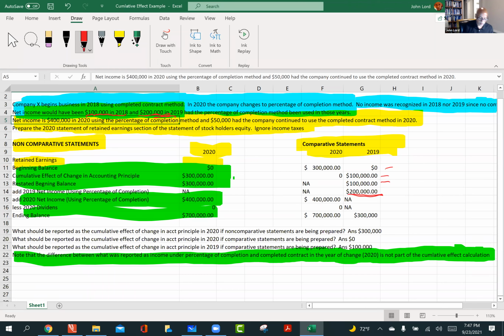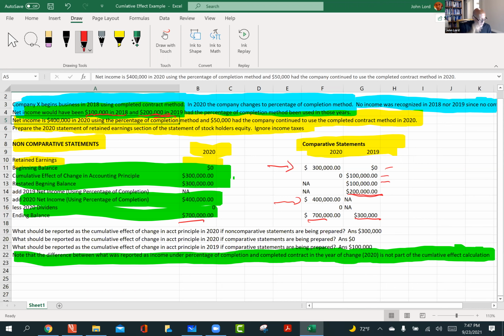I think I said 100,000. There's the 200,000 net income for 2019. And then I have the ending balance of 300,000. And then when I go to 2020, I have a new beginning balance for my retained earnings of 300,000, and I simply use the percentage of completion method to prepare my 2020 statements. There's the net income for that. And notice what? The ending balance in retained earnings is the same regardless.